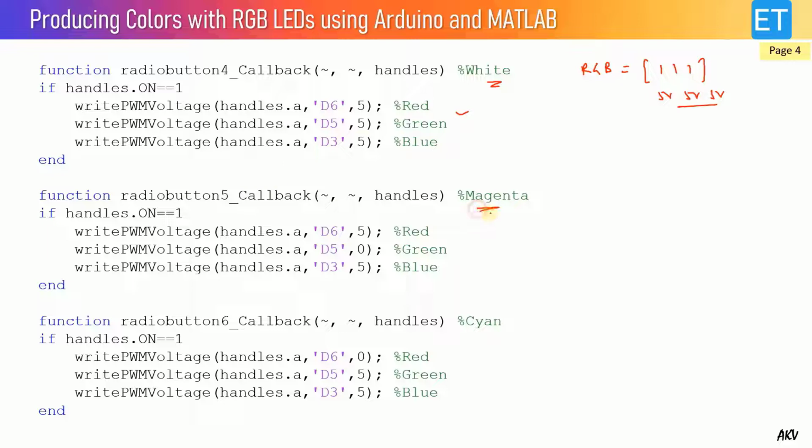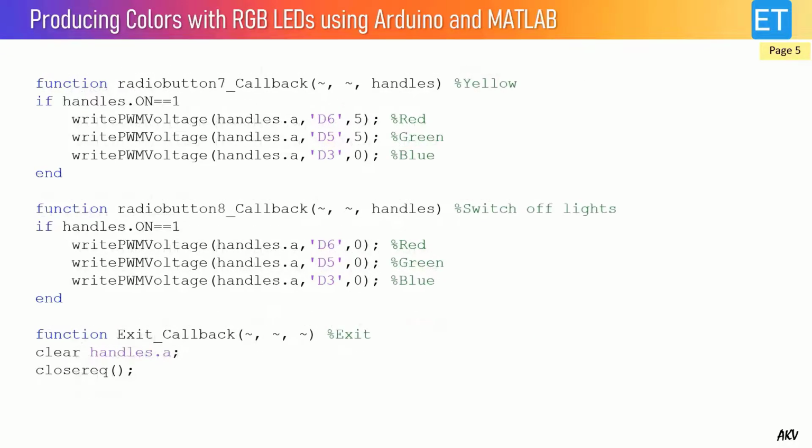And this is for magenta. So here only the red and blue are on, green is off. This is for cyan, where red is off, green and blue are on. So you can create the cyan color. And with radio button 7, you can create the yellow. I mean the red is on, green is on, but blue is off.